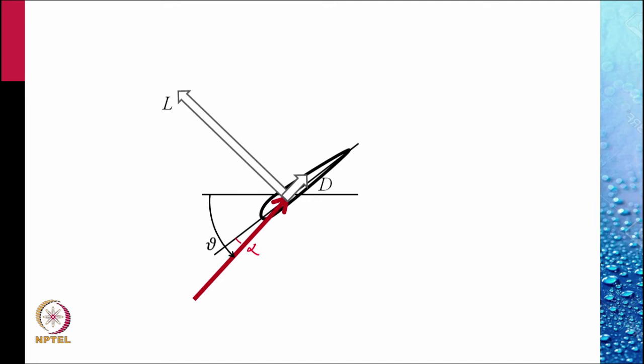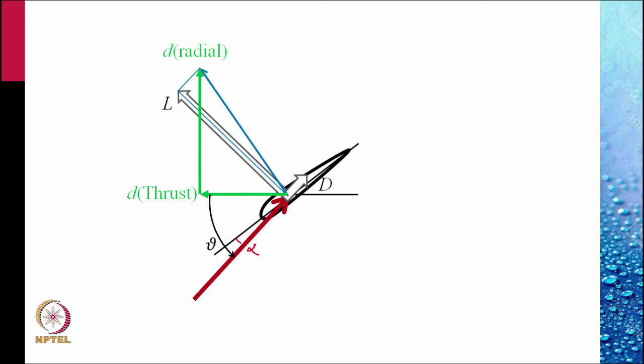Because of this, the resultant force on this propeller element is shown by this blue arrow. We resolve this resultant force into a component which is thrust-like, in the forward direction, and a component which is radial. This component of thrust can be determined from the lift component and the drag component.